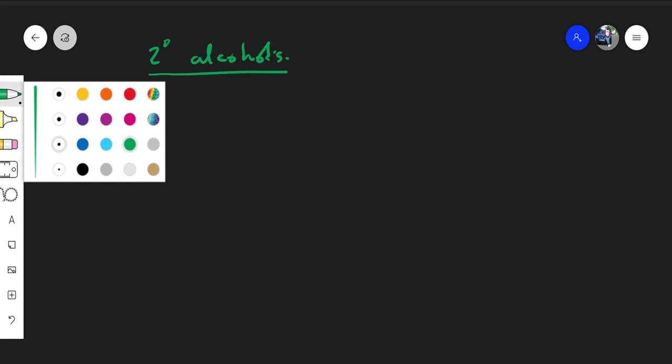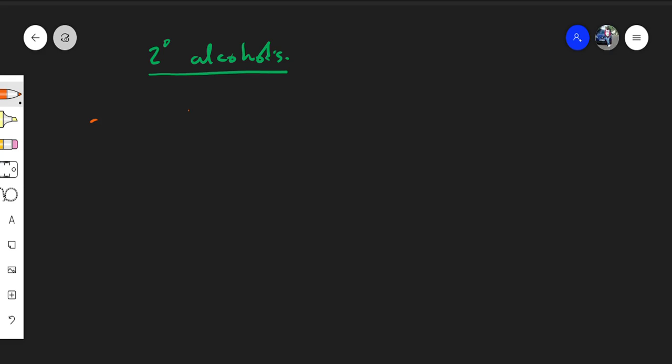Having mentioned this, we are going to talk about the next one, which is secondary alcohols. If you want to oxidize secondary alcohols, this is what happens. We have to think about the secondary alcohol.